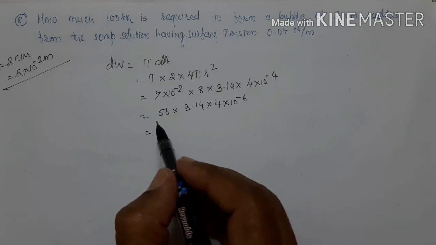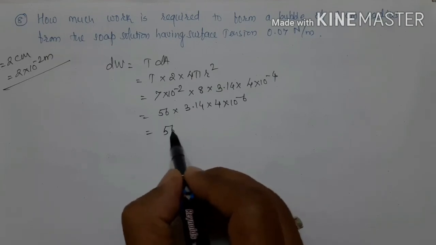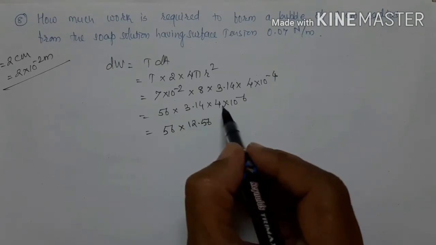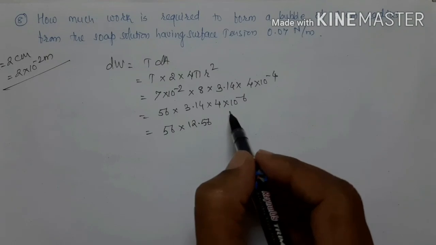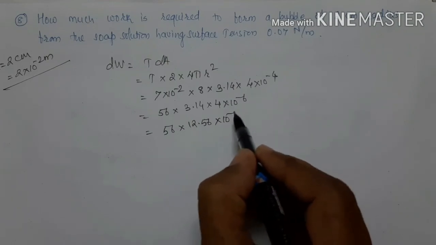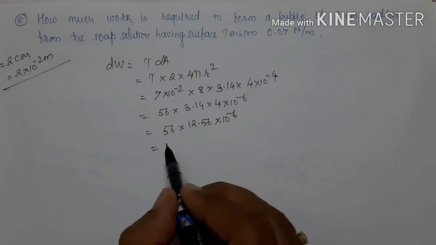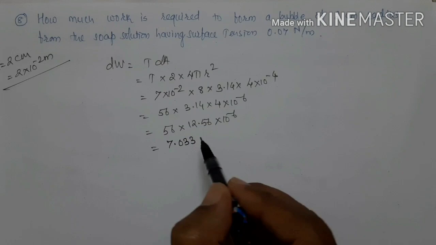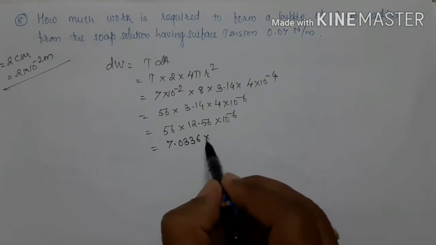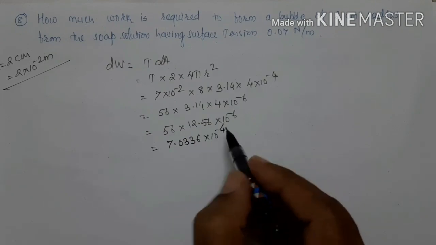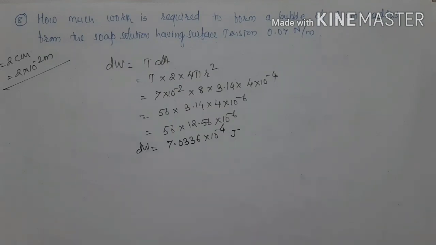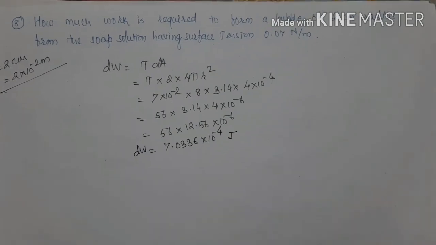Therefore, it should be equal to 56 into 12.56 into 10 to the power of minus 6, and the total comes out to be equal to 7.033 into 10 to the power of minus 4 joule. This much work is required to blow a soap bubble of radius 2 centimeter.